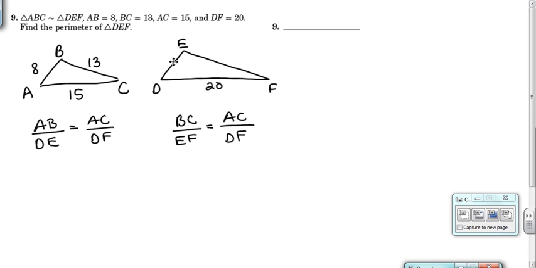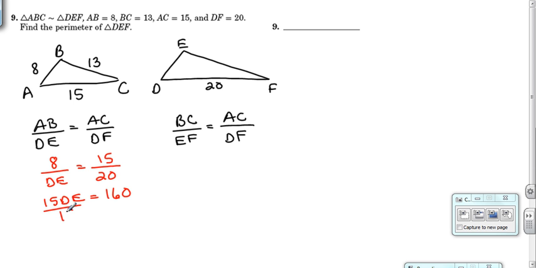Well, DE is going to compare to AB. So I said AB compares to DE in the same way that, and then I had to pick two sides that I knew the lengths of. So I picked AC and DF. So when I fill in what I know, 8 compares to DE in the same way that 15 compares to 20. So 15 DE is equal to 160, 8 times 20.